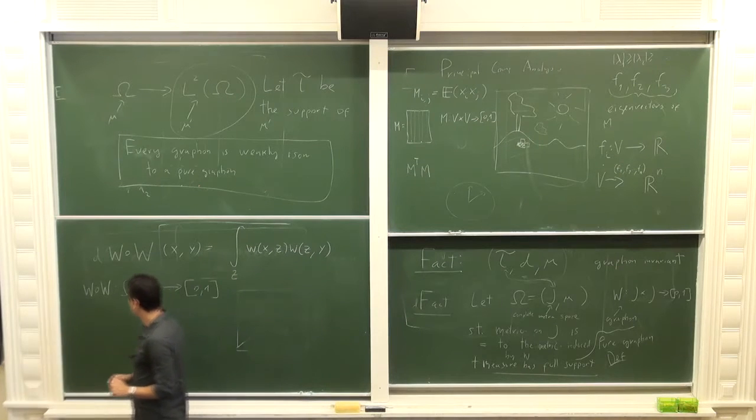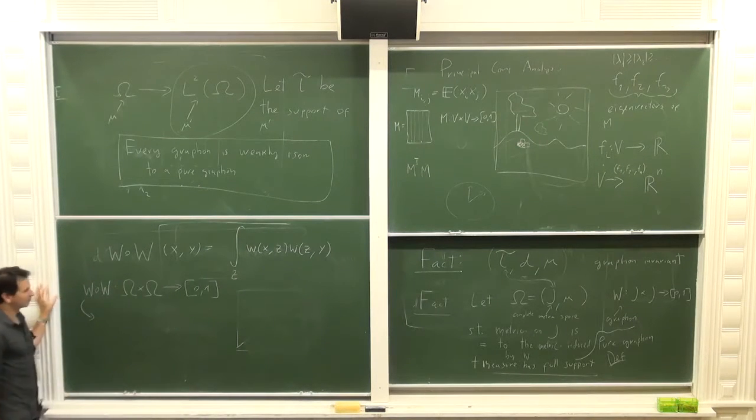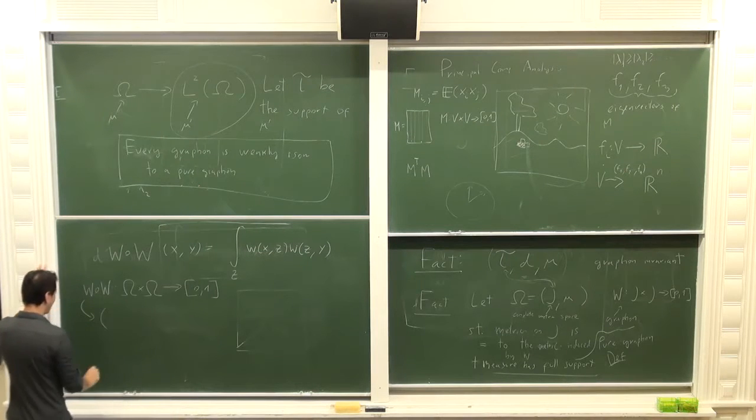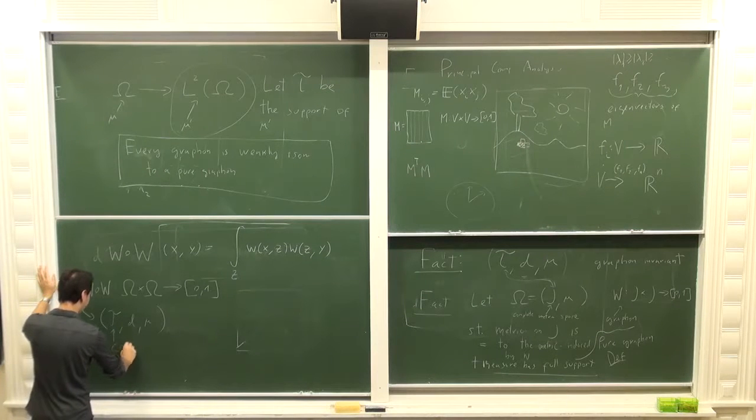Now it turns out that this new graphon has always a compact topological space. It has much nicer properties than the first topological space. So I have this triple P, d, mu, and this is always compact.